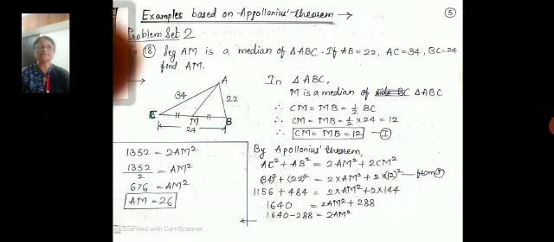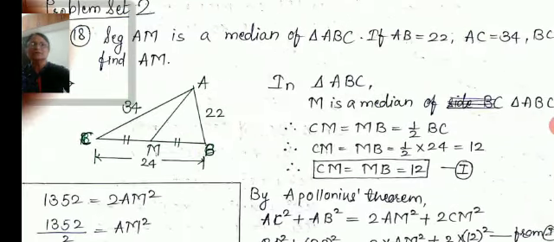Now the next example is again from problem set number 2, example number 18. It is just like the sixth example. Here are the values shown in the figure. In triangle ABC, AC equals 34, AB equals 22, and the base BC is given as 24.